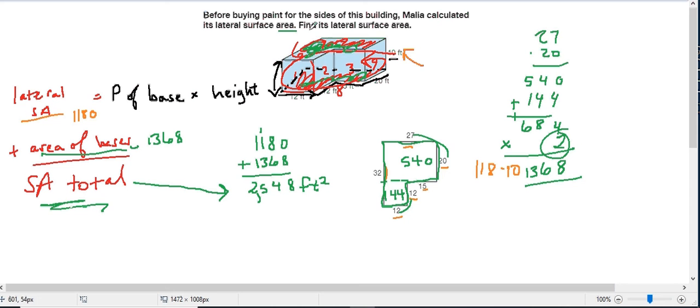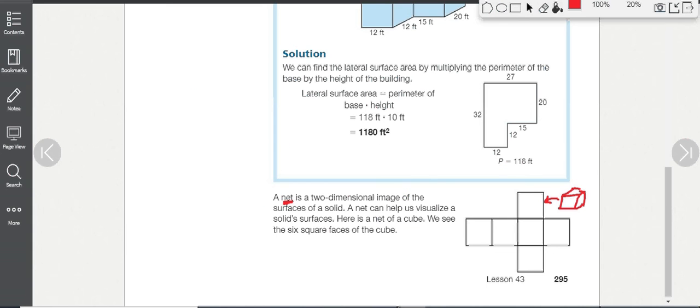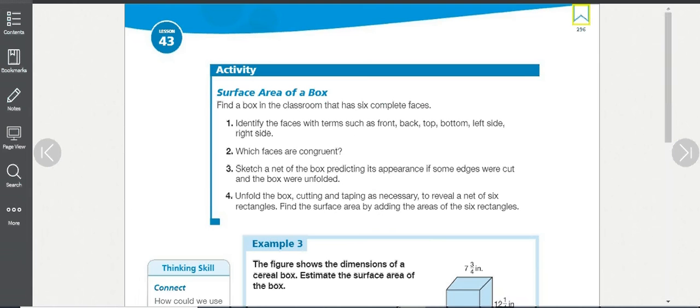Now, if we wanted to just find its lateral surface area, like this problem said, that would just be this part. I just found not only the area of all the lateral sides, but I also found top and bottom. So lateral surface area means the area of all sides excluding the top and the bottom. Which I said, if you have the perimeter of the base, you just need to times that by the height. And now you've got lateral surface area.